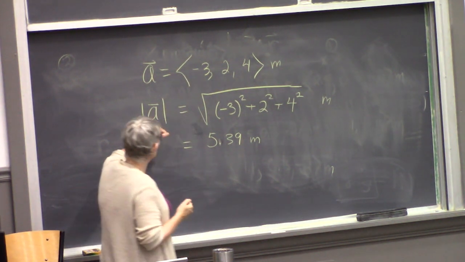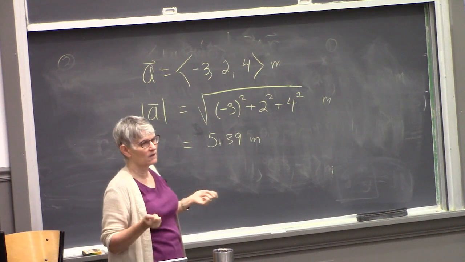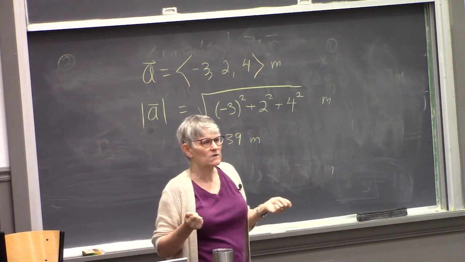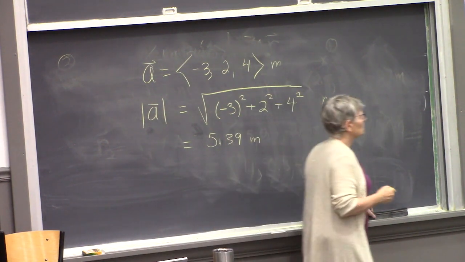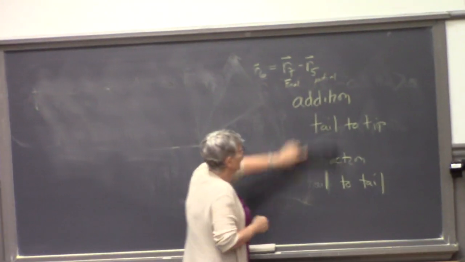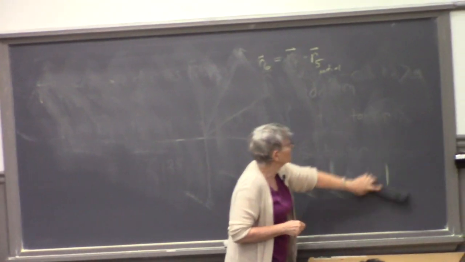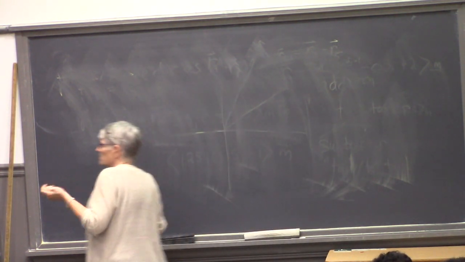It'd be nice to just be able to multiply this by something and get this vector back. The thing that we multiply by is called a unit vector. A unit vector is a vector whose magnitude is 1. That means you can multiply any scalar by it and it doesn't change the direction.